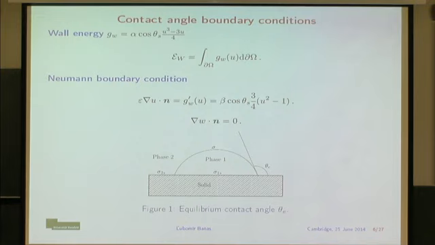And in this model, the contact angle is simply modeled as a nonlinear boundary condition, which is very easily implemented in the numerical approximation. For the chemical potential W, we just take a homogeneous normal boundary condition. So that's one physical effect that can be easily incorporated in the model.